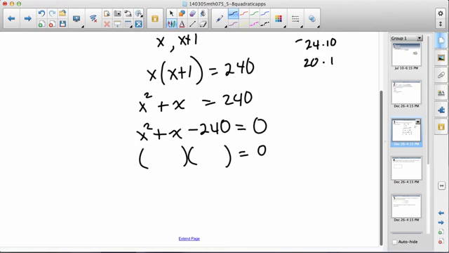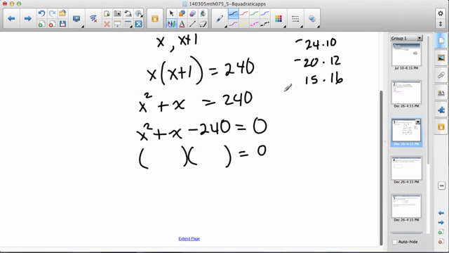Negative 20 times 12, that's 240, but they have a difference of 8, not a difference of 1. I wonder if 15 will go into that. 15 times 16. Oh, they're right together. 15 times 16 on my calculator, 225 plus another 15, yeah, that's right. That'll be 240.